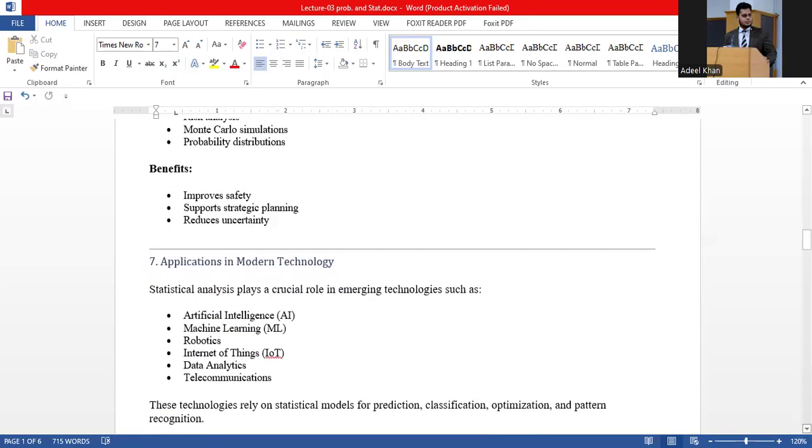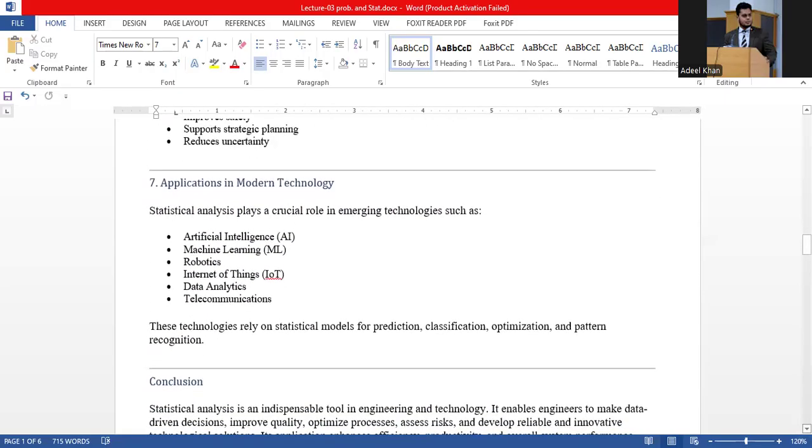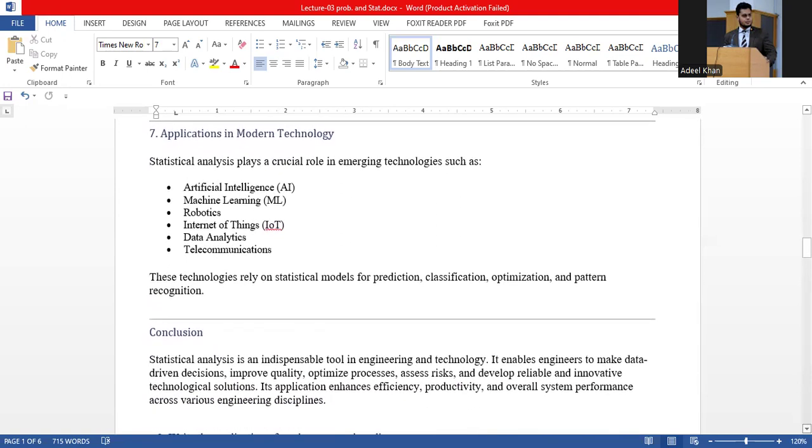Coming toward the seventh application, that is application in modern technology. Statistical analysis plays a crucial role in emerging technologies such as artificial intelligence, machine learning, robotics, Internet of Things, data analytics, telecommunication.